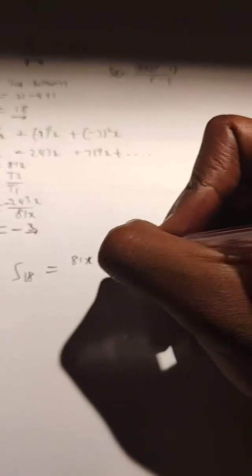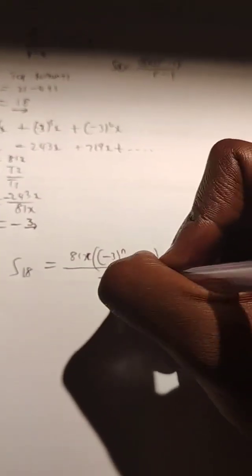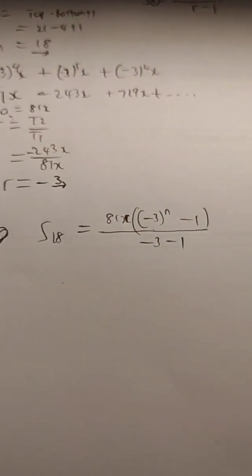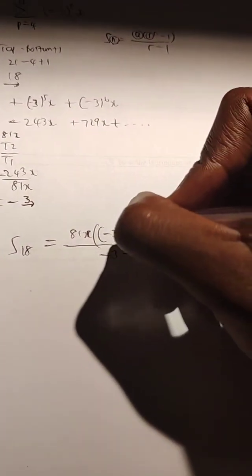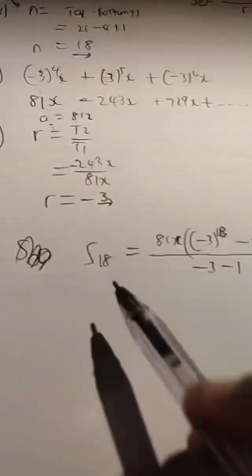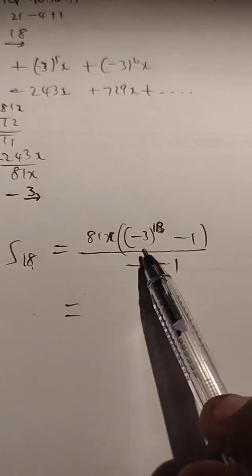S18 is equal to a, which is 81x, into r, our r value is negative 3 to the power n minus 1, where n we write 18, my bad, because remember S is 18. Don't forget that. Otherwise, we put ourselves under the bus there, over r minus 1, which is negative 3 minus 1.